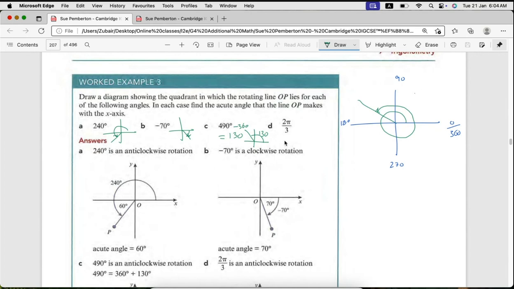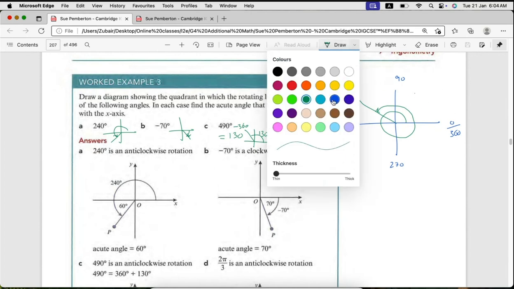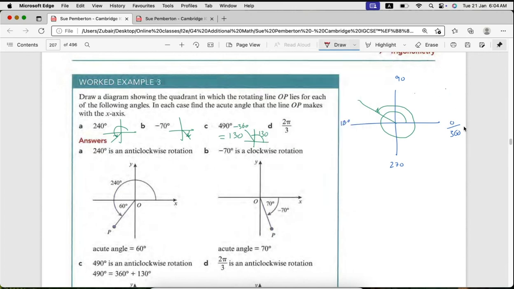2 pi by 3. Now these are in degrees, I'm changing it into radians. This is 0, this is pi by 2, that's pi, this is 2 pi, and this is 3 by 2 pi. Now 2 divided by 3 is 0.66. That's definitely less than 1 and more than 0.5.